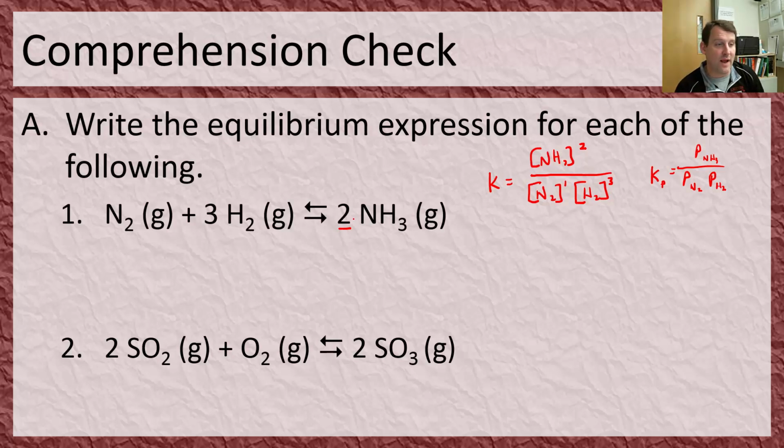We still have to raise them to the power, so this one has to be squared, and this one has to be cubed. I'm going to draw some parentheses in here. And this one's to the first power. So there's two ways of writing the equilibrium expression: K in terms of concentrations and K sub P in terms of pressures.